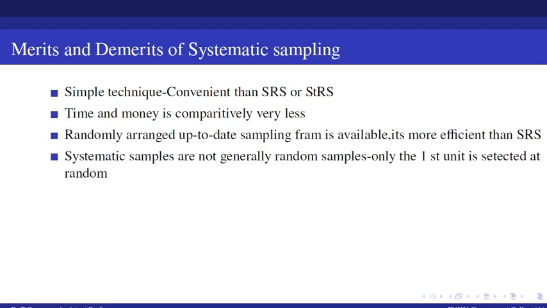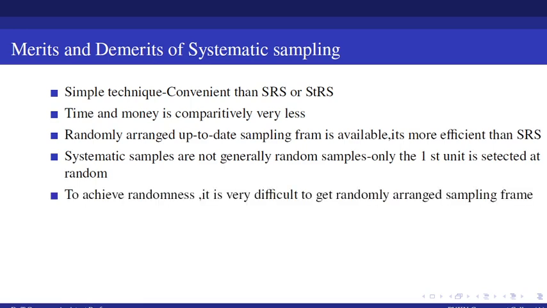There are some disadvantages also. The main disadvantage of systematic sampling is that systematic samples are not generally random samples. Only the first unit is selected at random. The first unit selected decides the total units to be entered into the sample. Next, to achieve randomness, it is very difficult to get a randomly arranged sampling frame.